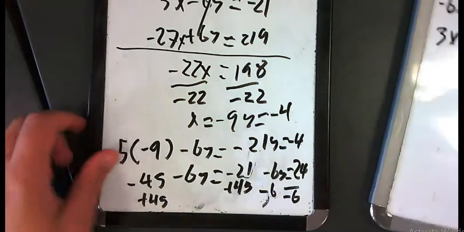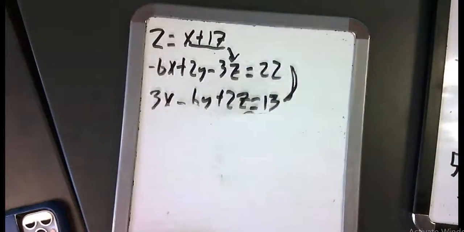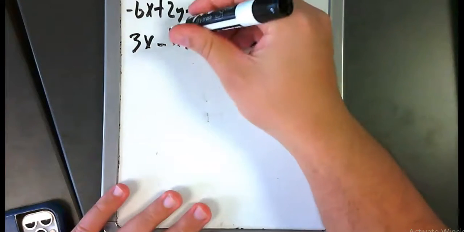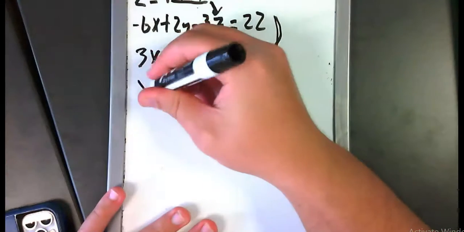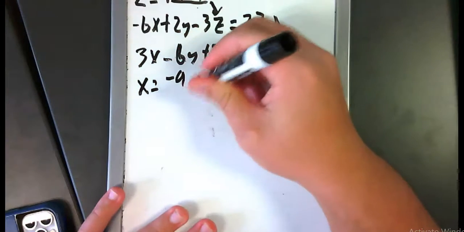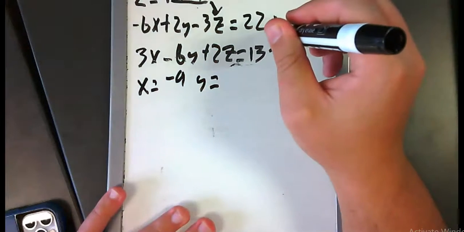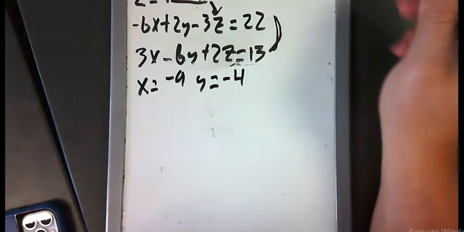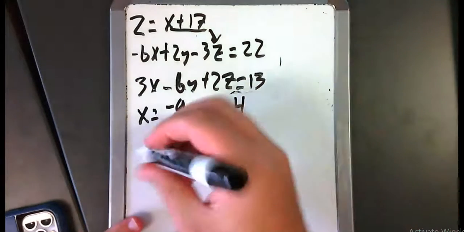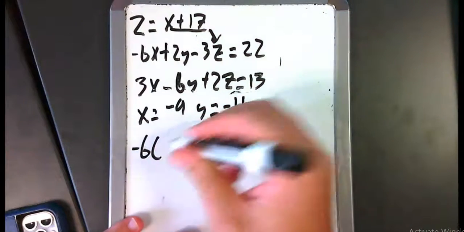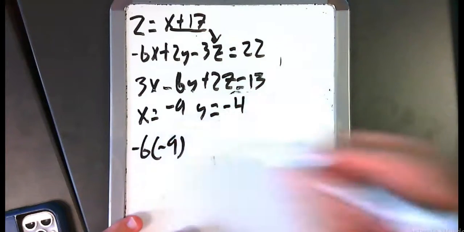What we should have right here is x equals negative 9, and y equals negative 4. So what we need to do is plug either of these into both of those equations just to check.